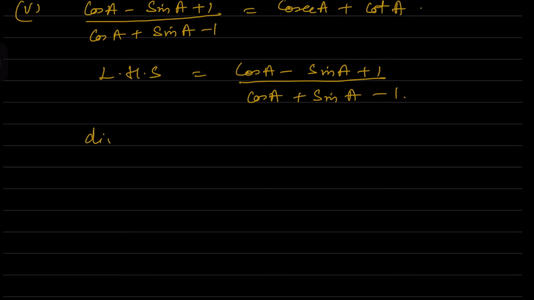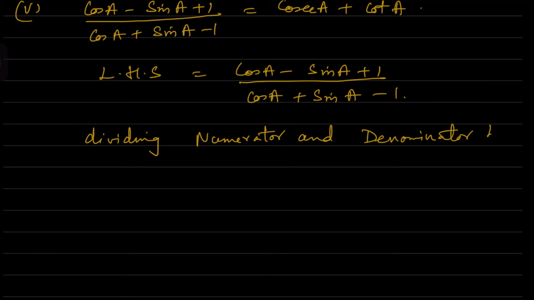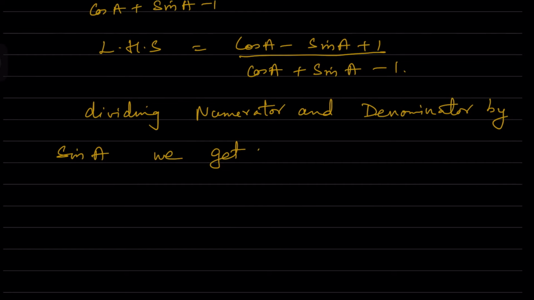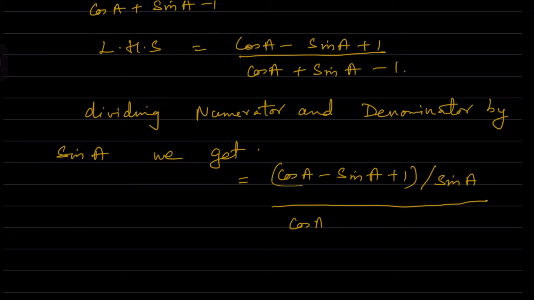So dividing numerator and denominator by sin A, here you are dividing the numerator and denominator by sin A. So cos A minus sin A plus 1 divided by sin A by cos A plus sin A minus 1 divided by sin A.